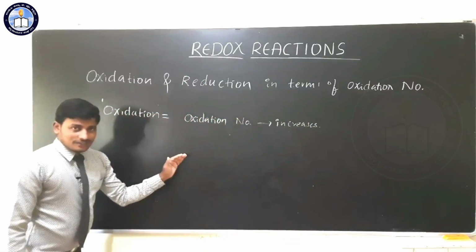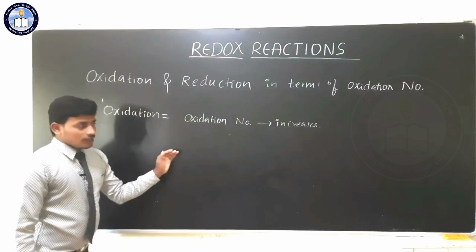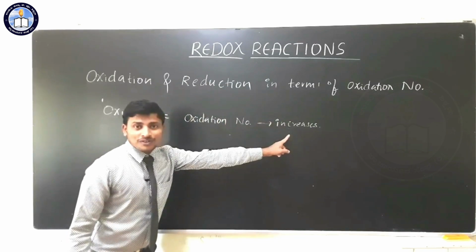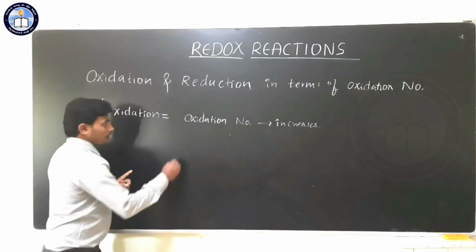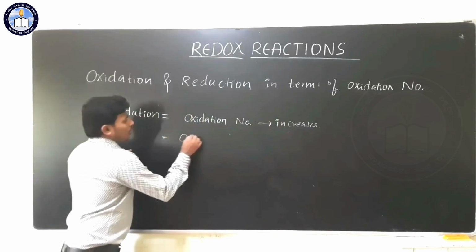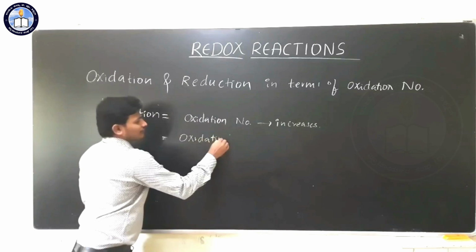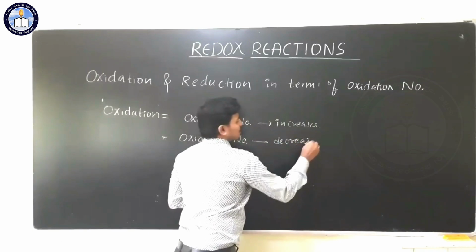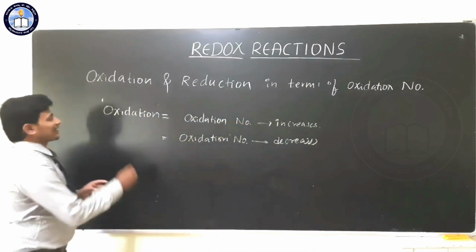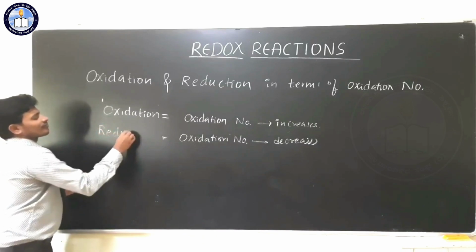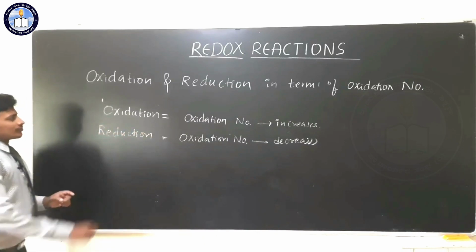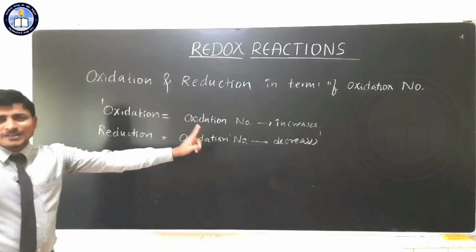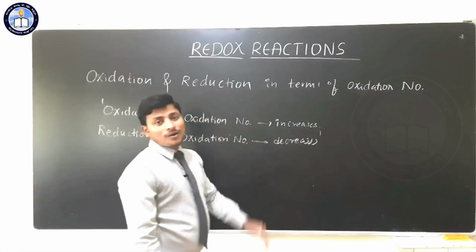In a chemical reaction or in any chemical change, if the oxidation number of the species increases, it is known to be oxidation, or if the oxidation number decreases, that is known to be reduction. Listen carefully. Oxidation means increase in oxidation number, reduction means decrease in oxidation number.